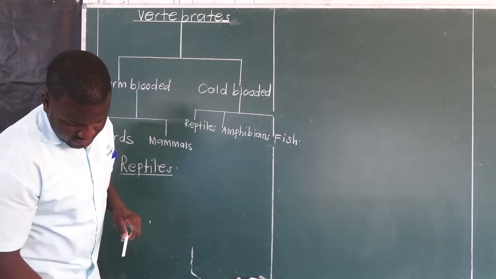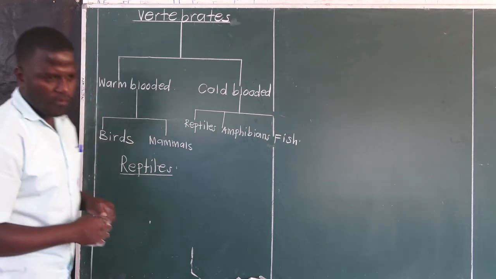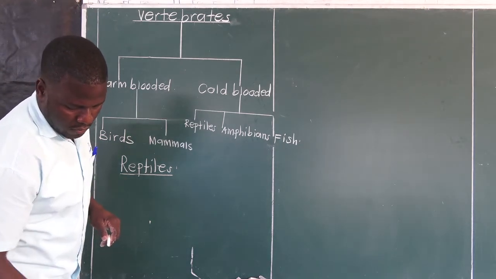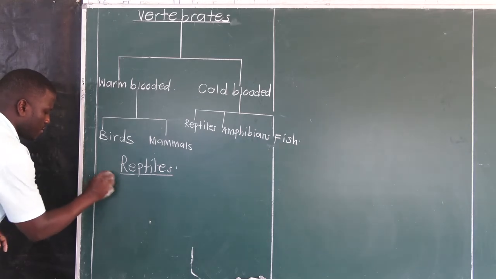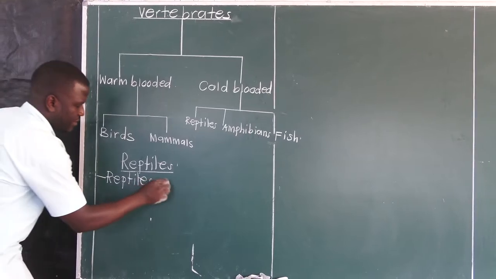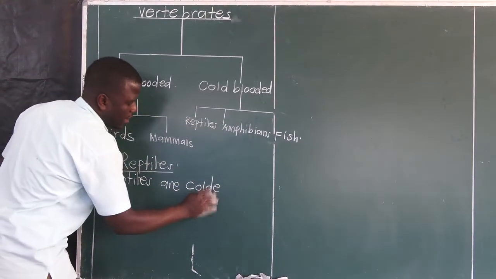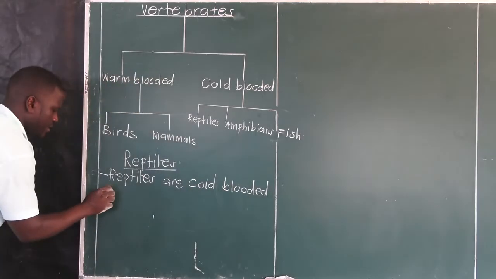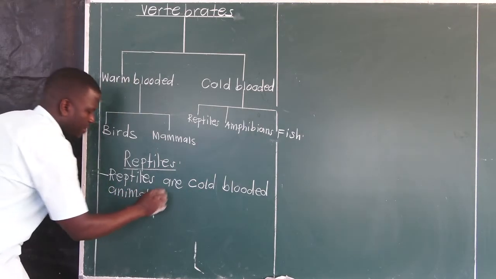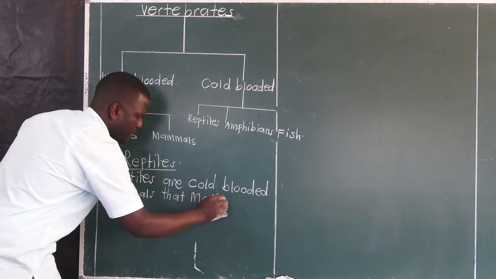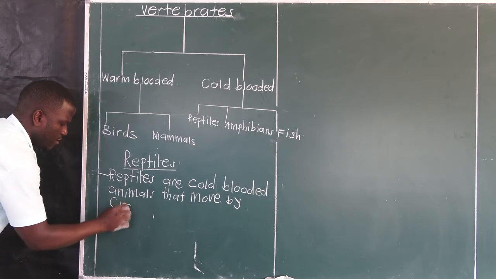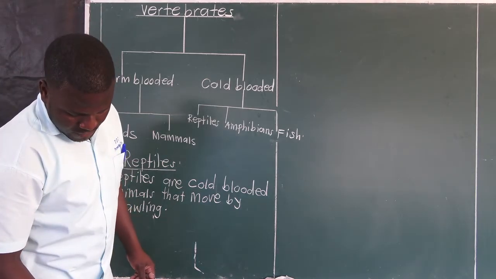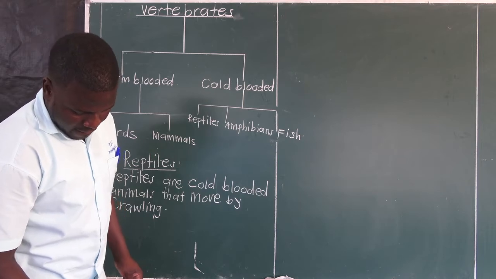Now, reptiles are cold-blooded animals that move by crawling.